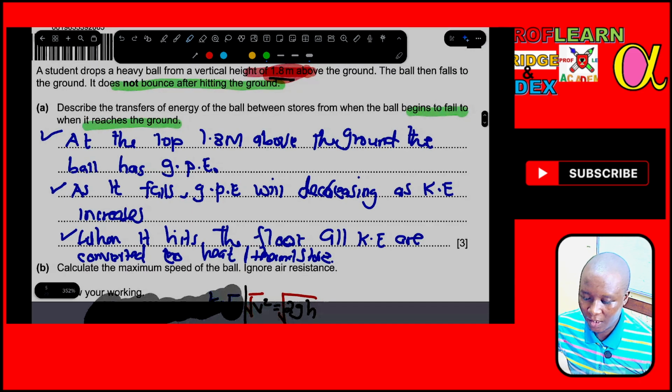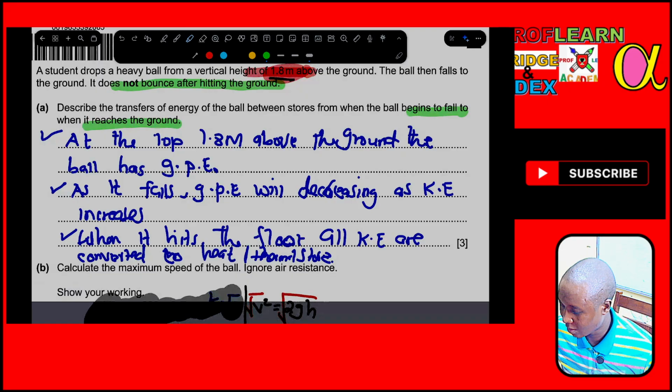The first thing candidates were supposed to realize in this particular question is to remember that energy transfer, the conversion of energy, is basically the law of conservation of energy. When the object is at that particular height of 1.8 meters, it has gravitational potential energy.